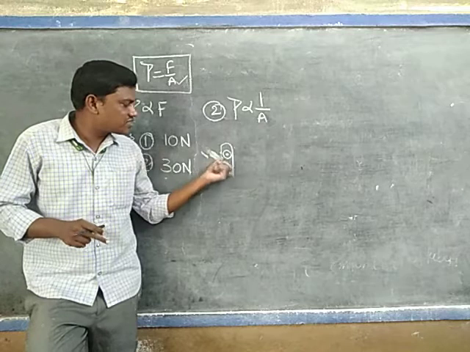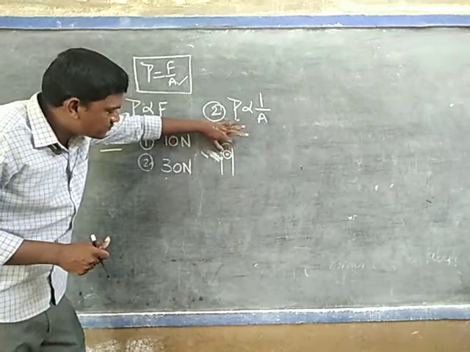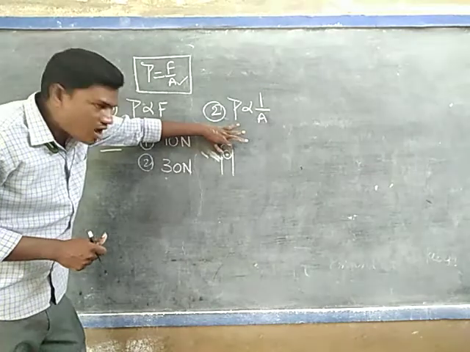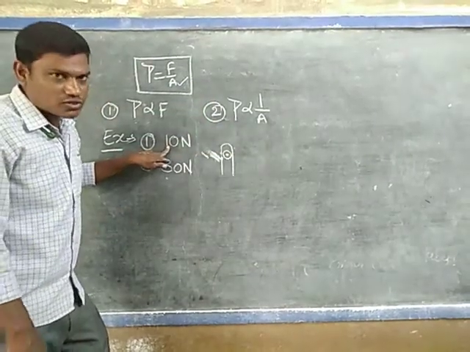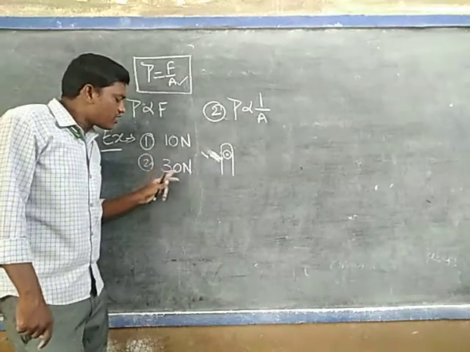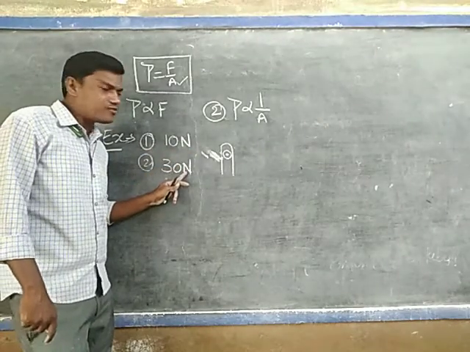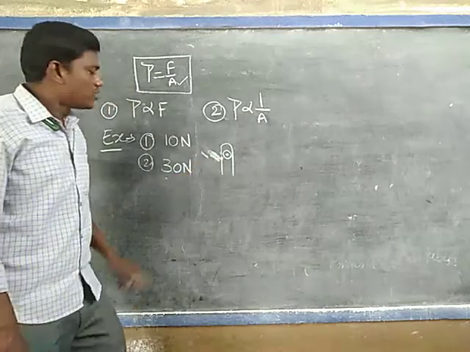In the first case, what you are observing is that the blunt side of the pen is placed on the finger. First we apply 10 Newton force, but you don't feel any pain. But after you apply 30 Newton force, you feel a little bit of pain. Why?